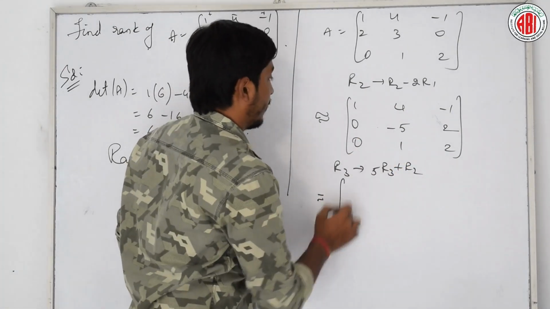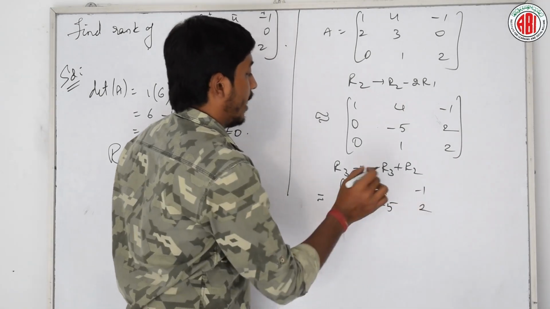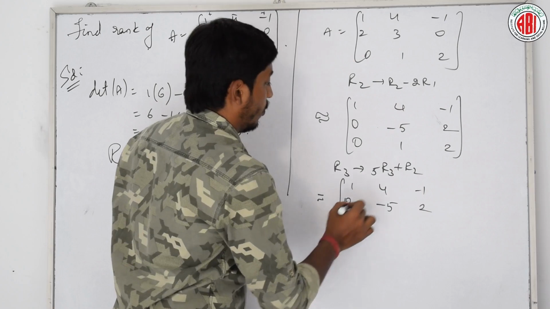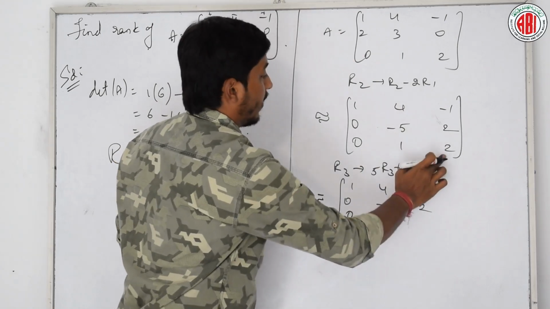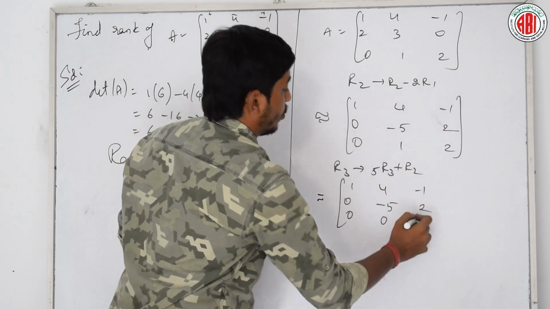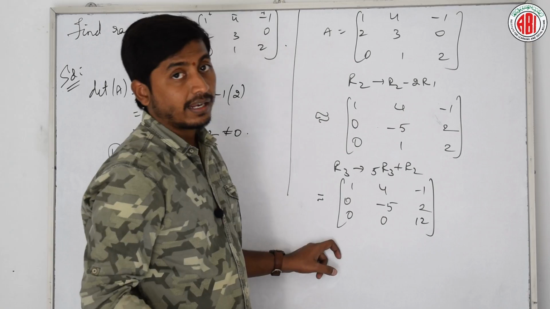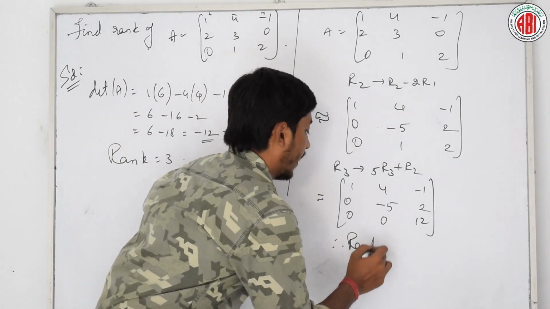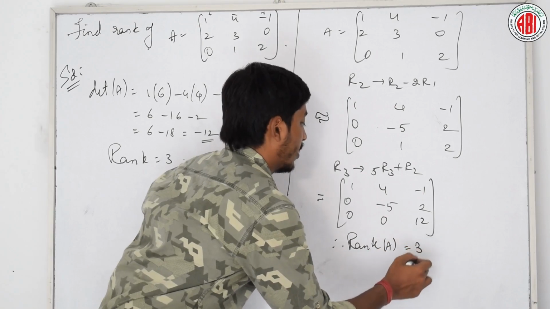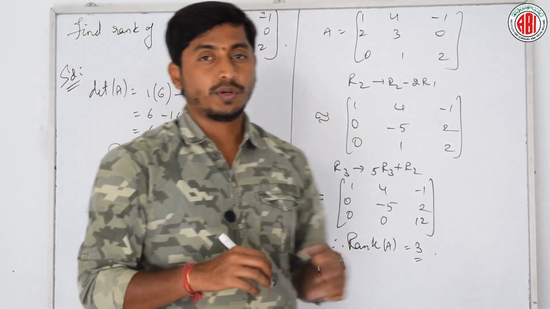Then this will become 1, 4, minus 1, 0, minus 5, 2, and then 0, 5 ones are 5, 0, 5 twos are 10, plus 2, that is 12. Tell me now, how many non-zero rows are there? There are 3 non-zero rows. Therefore, rank of A is equal to 3. Clear? Fine. Shall we do a few more problems?